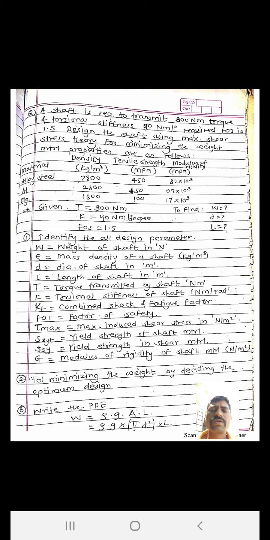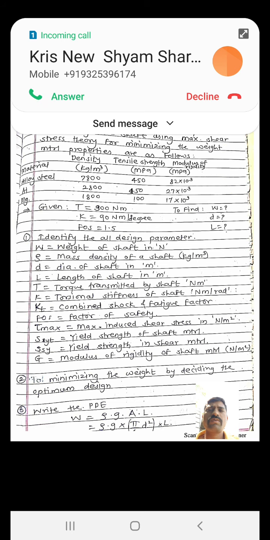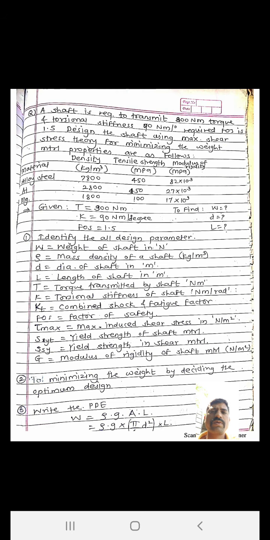Kt is the combined shock and fatigue factor. FOS is the factor of safety, also denoted by NF. Tau max is the maximum induced shear stress in Newton per meter square. This is given in Newton per mm square, so you should convert it into Newton per meter square.